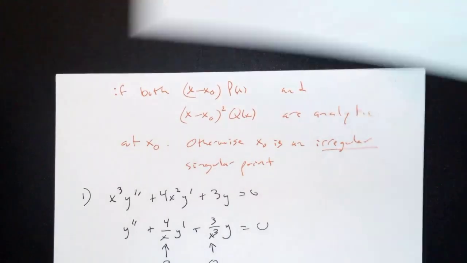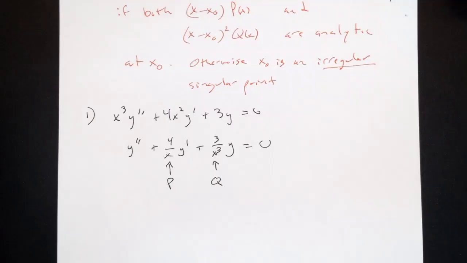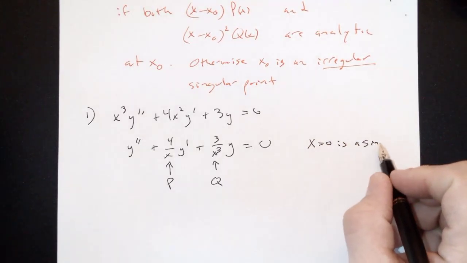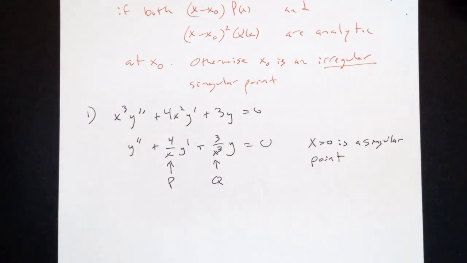Okay, so the first question I have, what's my singular point? Aha. So I want you to take P of x and multiply by x.